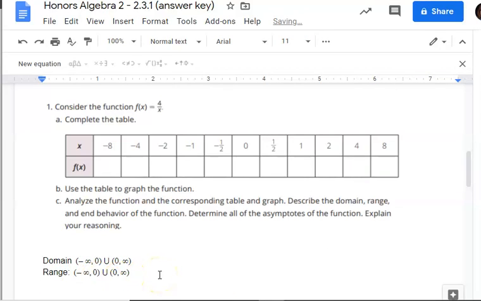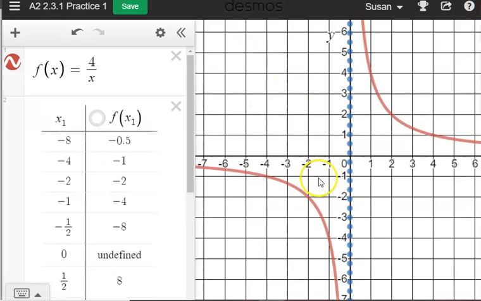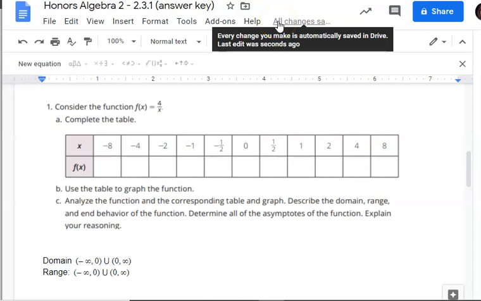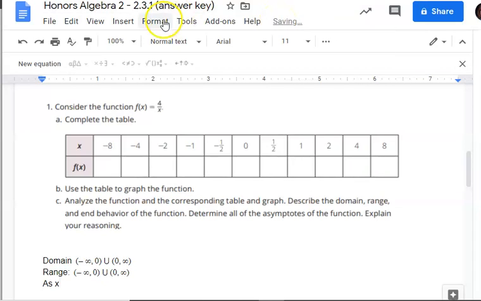All right, next it says the end behavior of the function. So basically, as x goes to infinity, what is happening? Well, y is getting close to 0 from the top. So you would say it like this: as x approaches, so we've got a symbol for that, infinity, comma, y approaches 0 from the top.